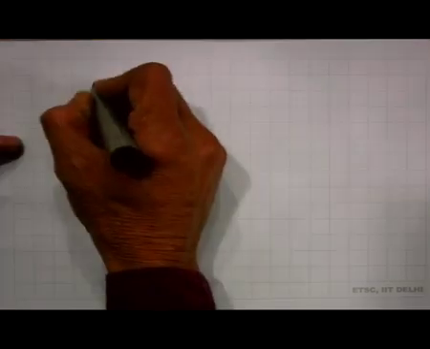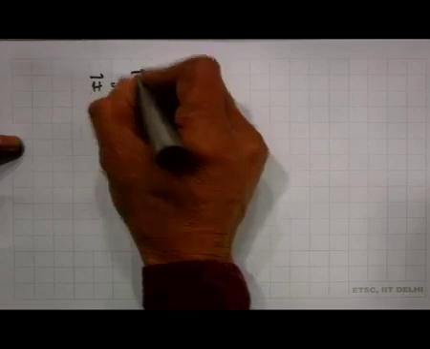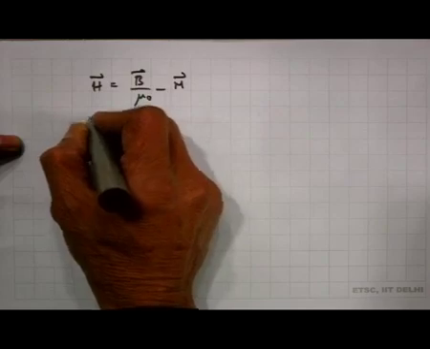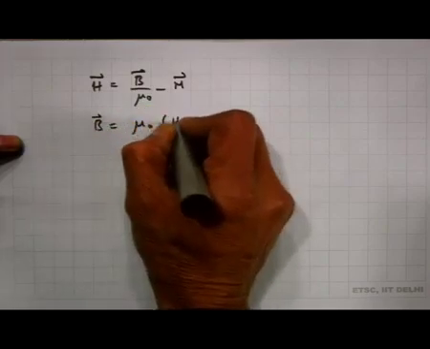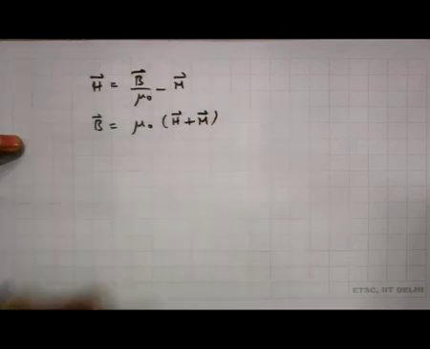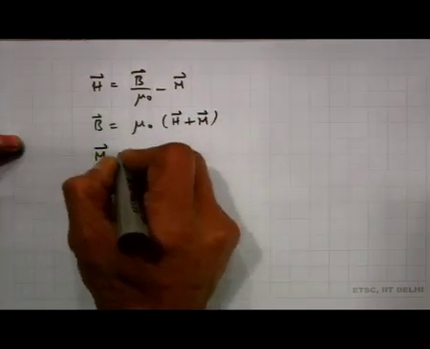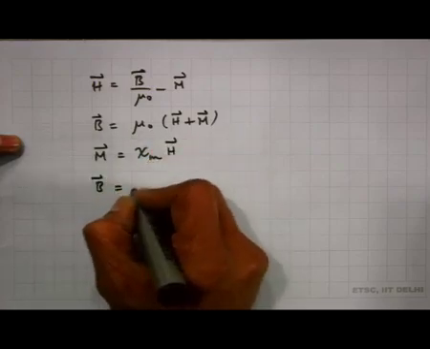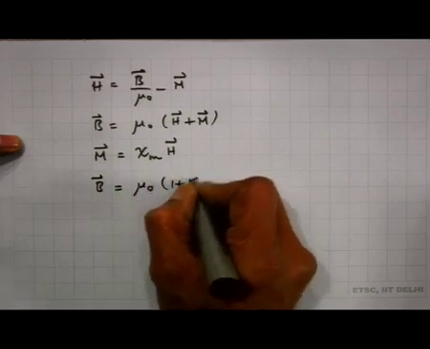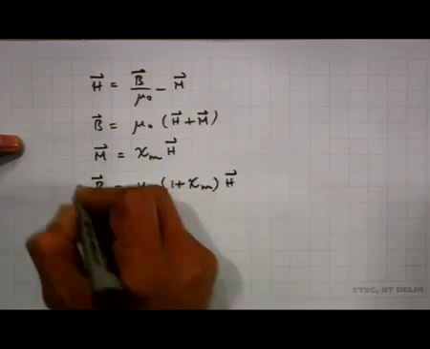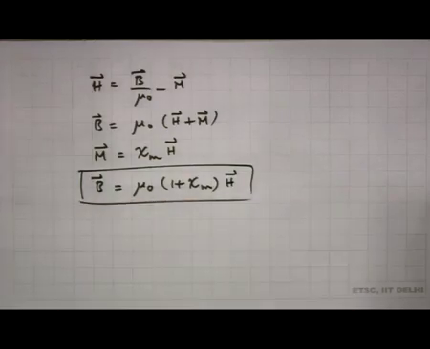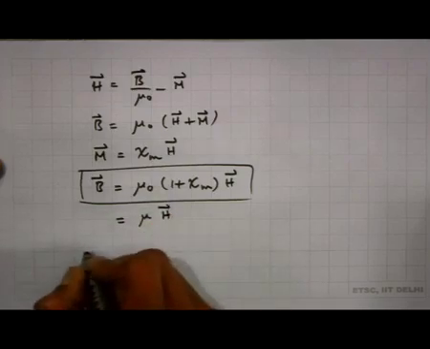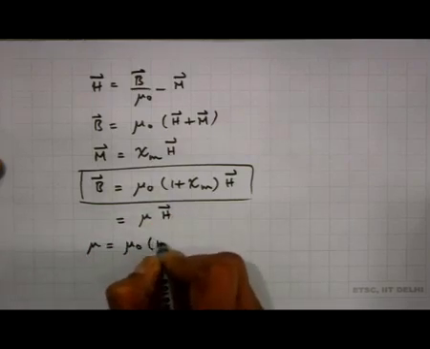I had the defining equation H is equal to B by mu naught minus M. So, this tells me B is equal to mu naught into H plus M, and I am replacing M by chi m times H. So, B becomes mu naught into 1 plus chi m into H. And this is written usually as mu times H, where mu is equal to mu naught into 1 plus chi m.